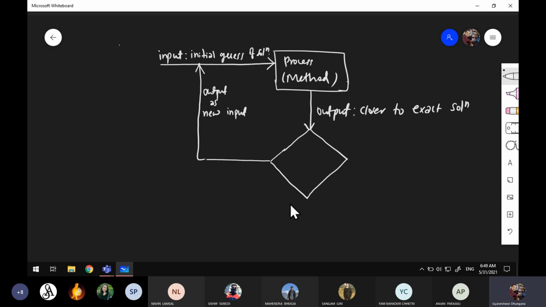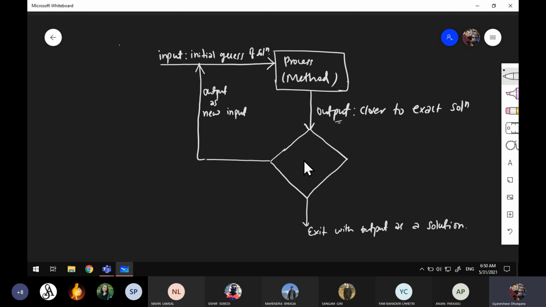If we don't have to go for a next loop, then we may exit here with this output as a solution.